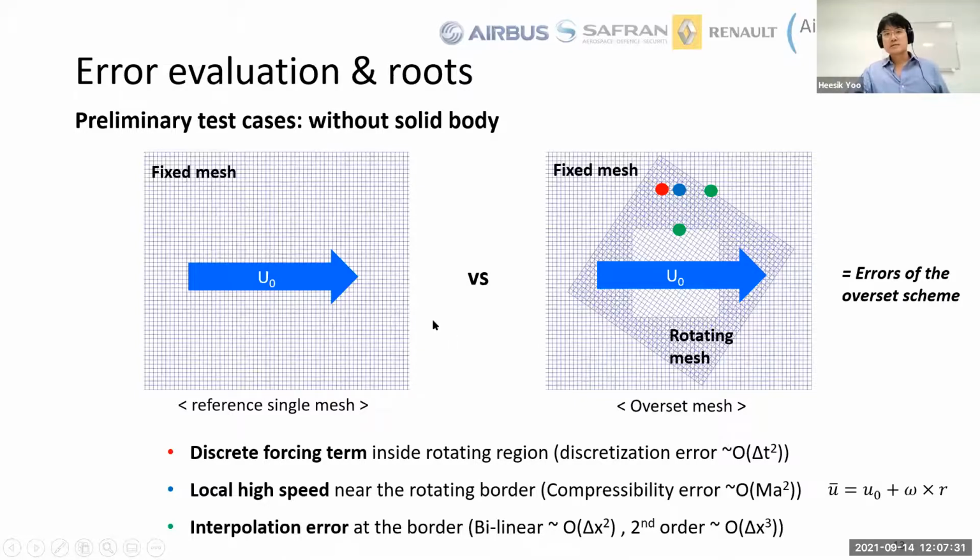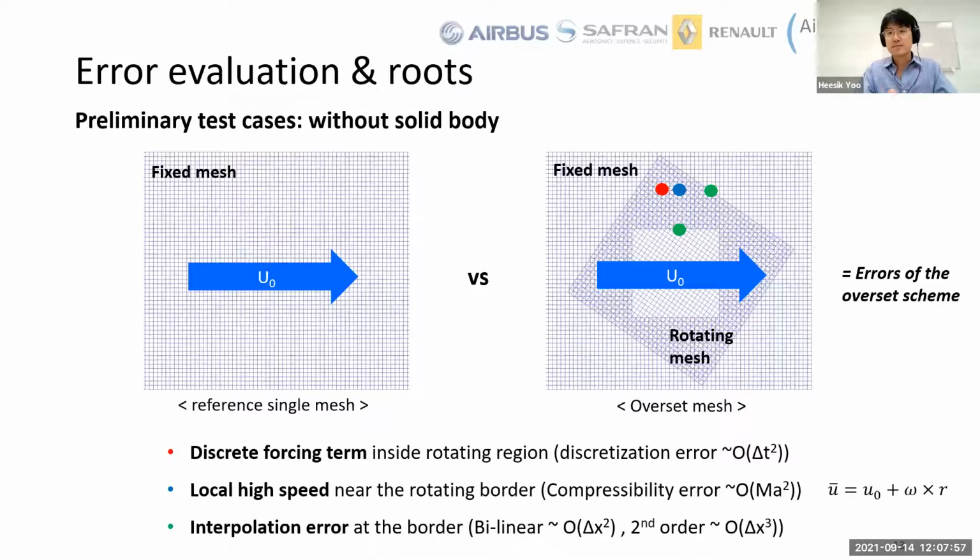However, we can also run the same simulation on the overset mesh scheme. In this case, the uniform flow is transferred to the rotating mesh after interpolation, and inside the rotating mesh, all the vectors are transformed to the rotating reference axis. So in both cases, we should have physically the same flow.